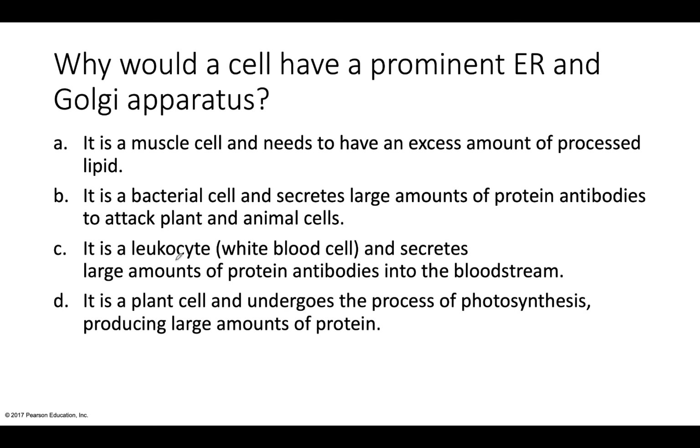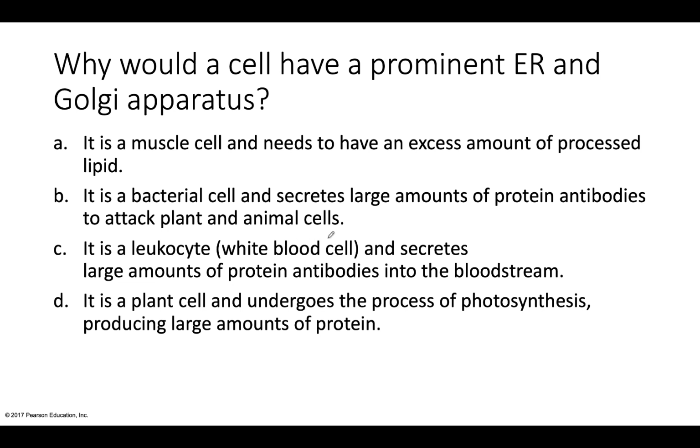In the case of a leukocyte, a white blood cell, they fight against a foreign invader. Therefore, this vesicle carries antibody or specific protein to kill the foreign invader. So it is a leukocyte and secretes a large amount of protein antibodies into the bloodstream. How can these antibodies be secreted from the cell?